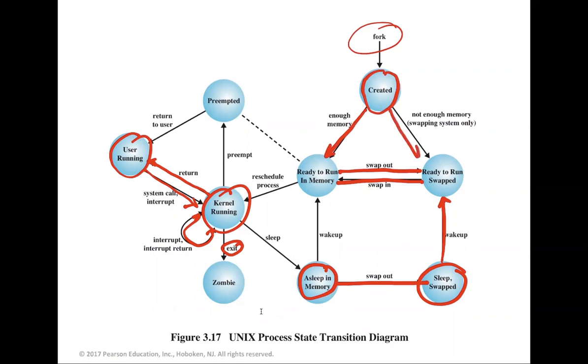If there is not enough memory, it will be ready to run, but in a swapped version. And then just look at the transitions between those states to know exactly when a process would change its state based on a certain action that is listed on the edges of each transition.